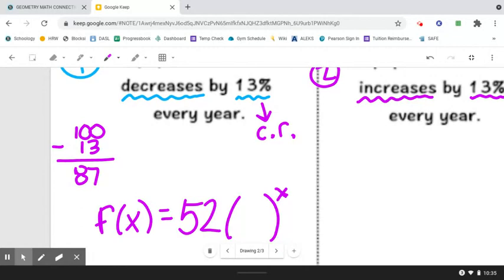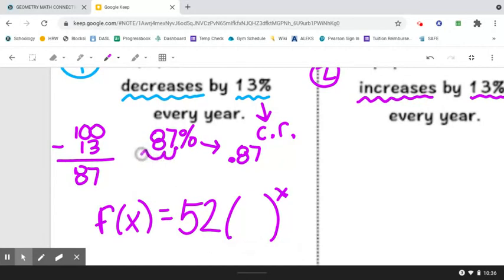So 87% is the same as writing 0.87. All you're going to do, if you're not sure what that is, 87 divided by 100, you could do it that way. Or you could think, I'm just going to move my decimal point over 2 spots, and I get 0.87 that way. So this number is going to be 0.87.